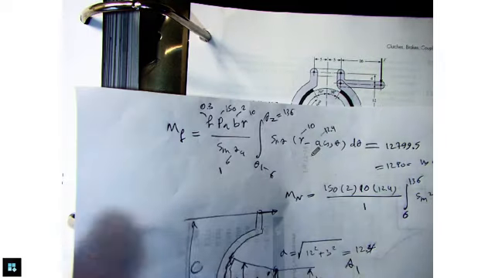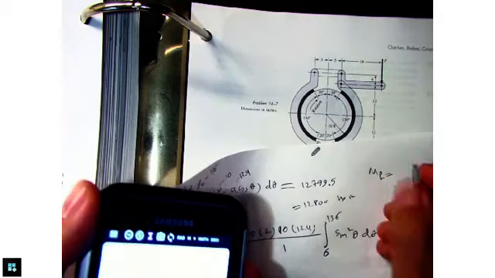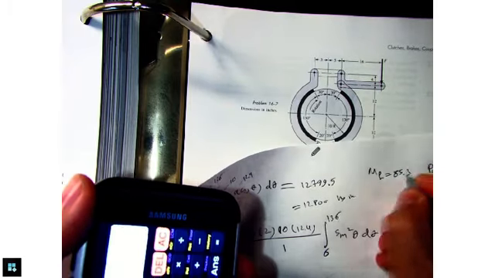So 12,800, it's like a shortcut. 12,800 divided by 150, I get 85.3 times PA, right?